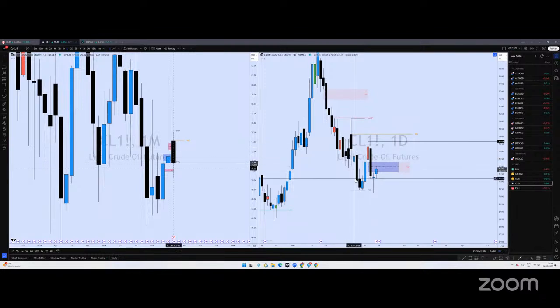So if you look here, there was no gap when it was moving down. We do have it here. So that's enough. And then we want them to go higher, but it will start with breaking this gap. And then we can start anticipating them going higher, right? So that's that. So that's what I'm waiting for on crude oil, in case you're wondering.